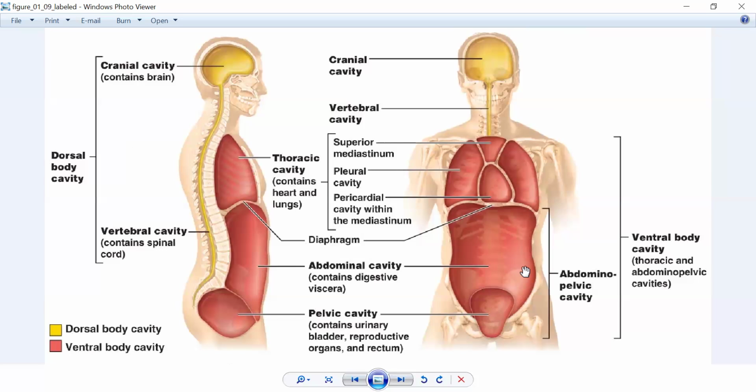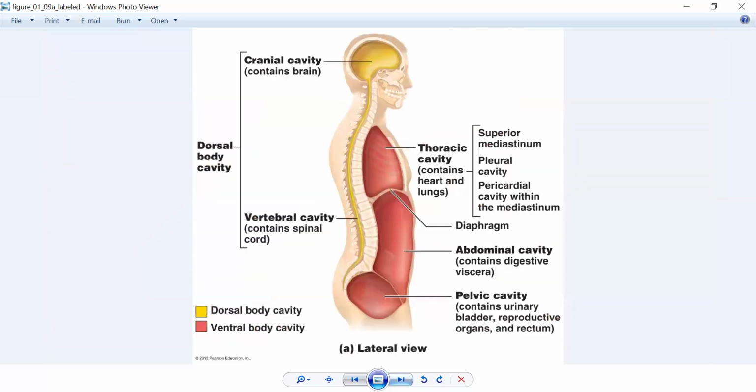Okay, so just in review, the ones in this brownish red are all ventral body cavities, but when you're asked to identify it specifically with the organ found within that cavity, you try to be as specific as possible. For example, if I say, which ventral body cavity houses your heart, that would be called the pericardial cavity.